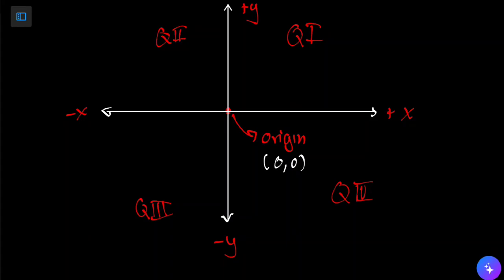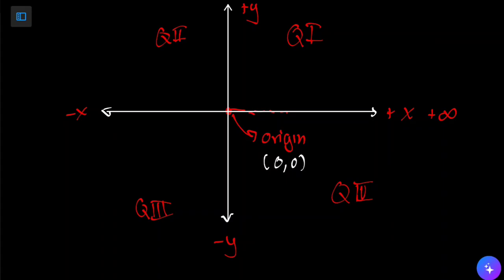Let's always remember that the values going from the origin towards the right are increasing. They are increasing towards positive infinity. Meaning, from the origin, as you go to the right, the values will keep increasing.